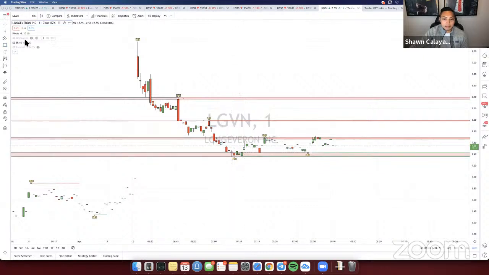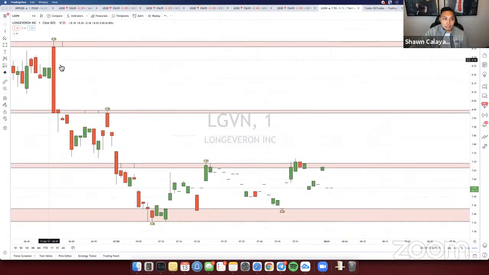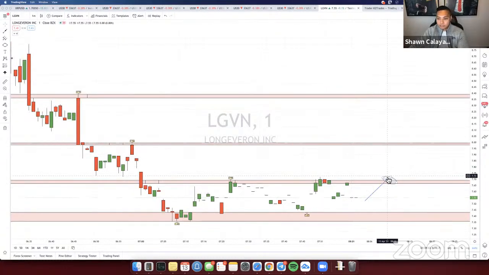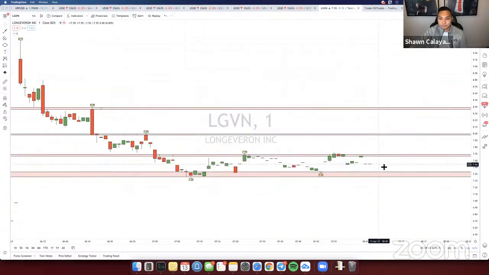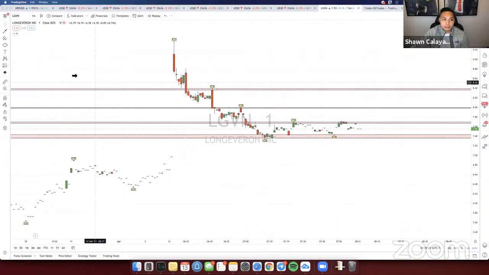But looking at this, if you drew that on the 1 minute, you can see that price is just consolidating around this area. A key point to identify whether it's pushing back up is to wait for it to close above here, which would be about $7.70. Or if you're trading this as a long-term hold, this would probably be a good time to buy, because you're basically buying the dip at this area.